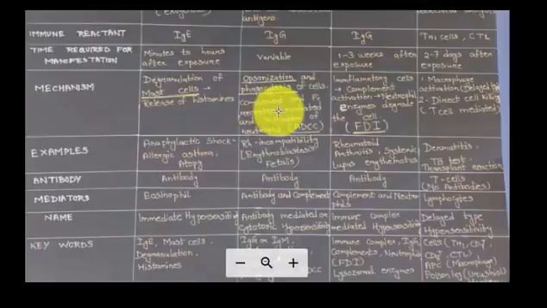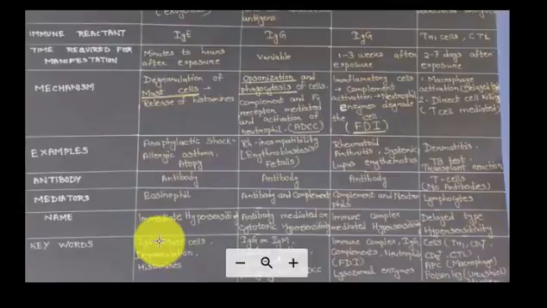Type 2 hypersensitivity reaction is called antibody mediated or cytotoxic hypersensitivity reaction. In type 3, it is called immune complex mediated hypersensitivity reaction. And in type 4, it is called delayed type hypersensitivity reaction because it takes 2 to 7 days to occur after the exposure with the antigen.